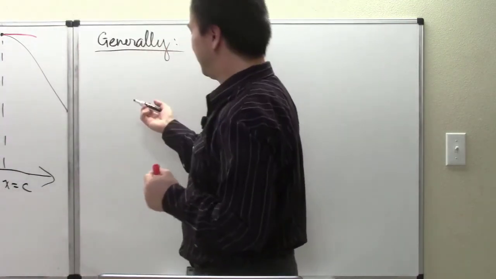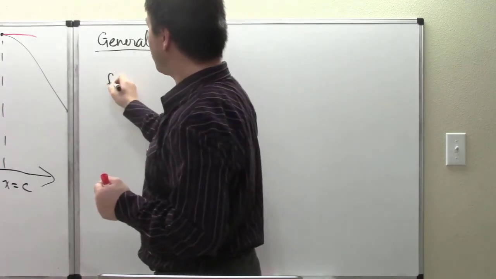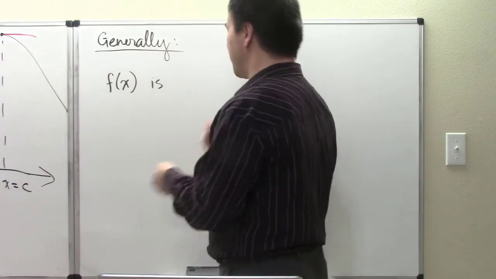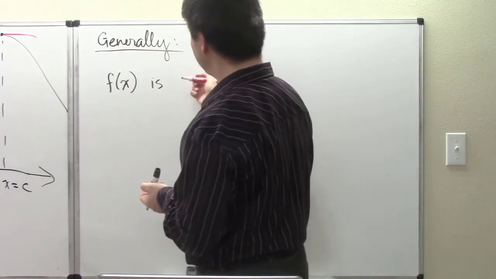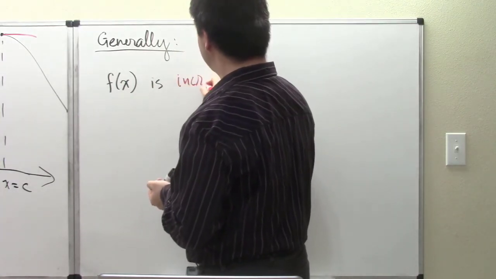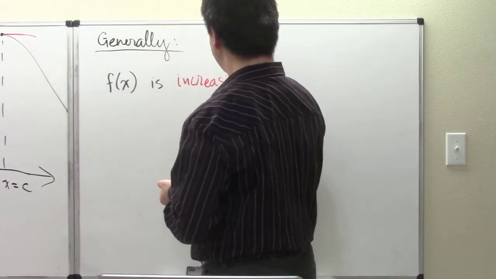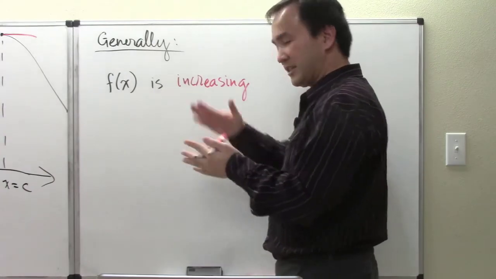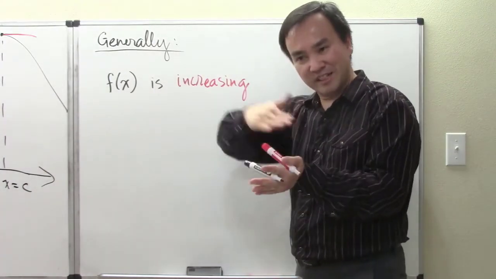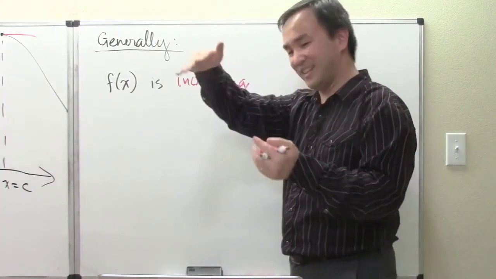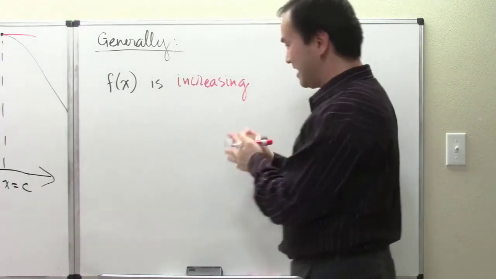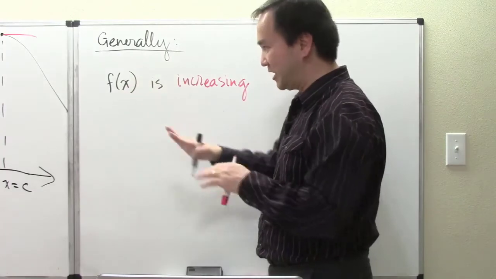Allow me to skip the formal definition of what it means to be increasing. Graphically speaking, if it's rising from the left to the right, that's increasing. And from the left to the right, if it's falling, if it's dropping, it's decreasing.